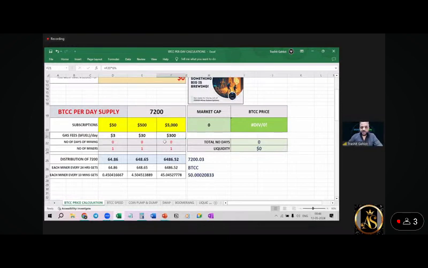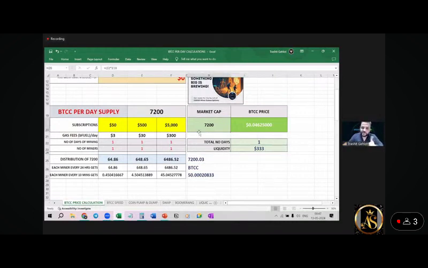Assuming each NFT harvests every day, on the first day when they harvested their rewards, the $50 miner contributed $3 to the liquidity, $30 from the $500, and $300 from the $5,000. So the total liquidity is $333 on the first day, right?